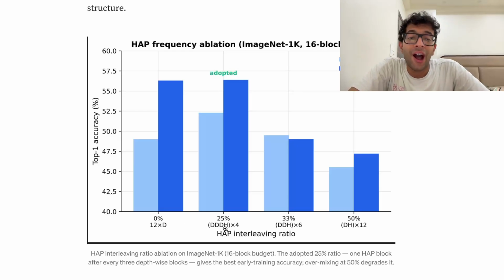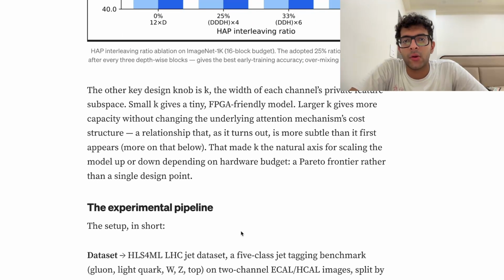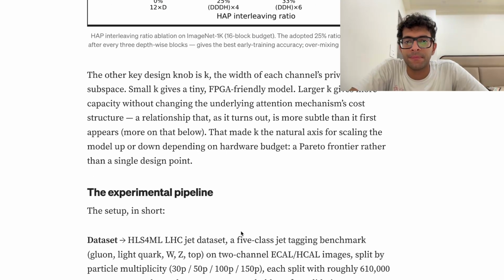The point was how to mix in that global attention, right? You can have a DDDH, that means 3 depth blocks and then a single HAP block, and you can do that 4 times. You can do a DDH 6 times, or you can do a DH 12 times, right? So the best result came out for DDDH 4 times. So that's why I took a 25% HAP ratio.